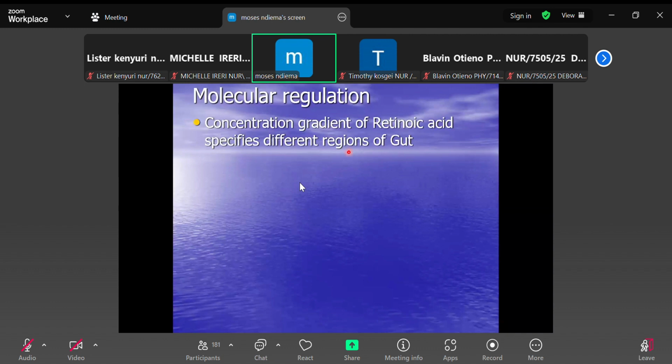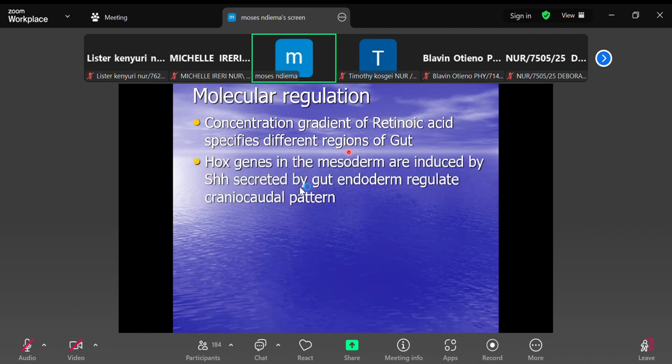Retinoic acid specifying the regions of the gut in terms of the development of the epithelia. Then we have the Hox genes. Remember, Hox genes are usually very important in segmentation.